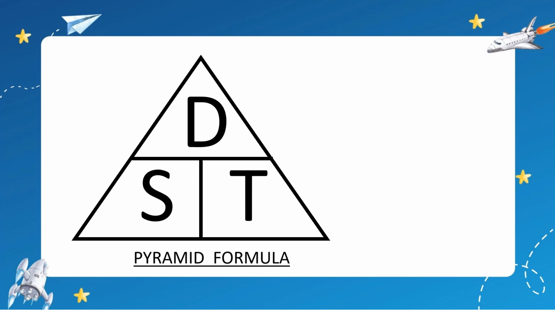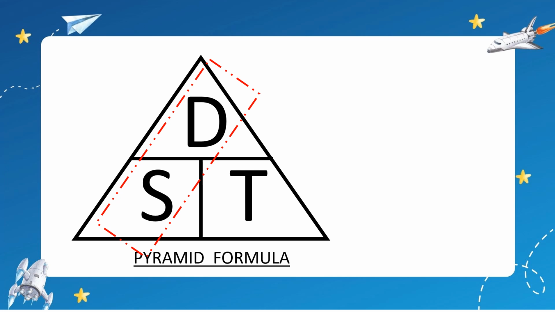In this video lesson, we're going to compute the time. To derive the formula for the time, we're just going to use the pyramid formula. As you can see, the top letter is the distance and the bottom part is the speed.